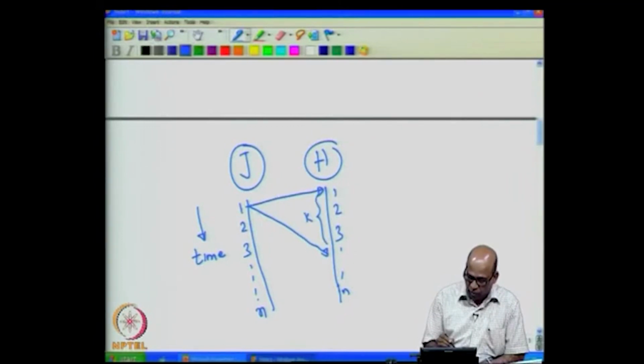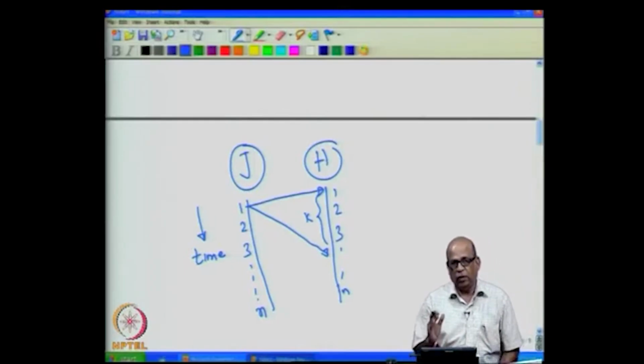So, the correlation between the variable on J at time period t with the variable on H at k time steps apart is what is called the lag k cross correlation between the variable on J and the variable on H, which we denote as x j and x h. So, x j and x h also have cross correlations, and these cross correlations can be at various lags.